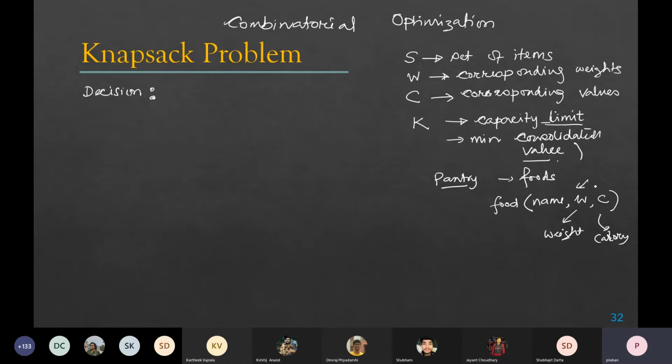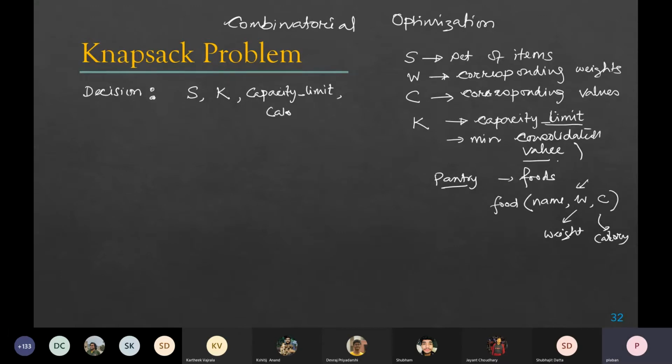Now in the decision problem, what is given? You are given this S, you are given K, you are given this capacity limit, and you are given a calorie goal.